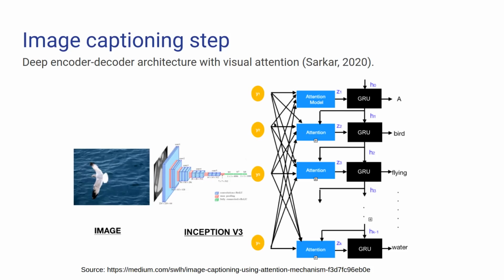Then in the decoder step, we generate the description of the image by using a recurrent neural network based on gated recurrent units.